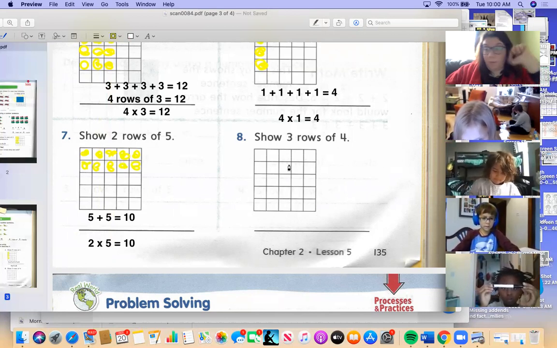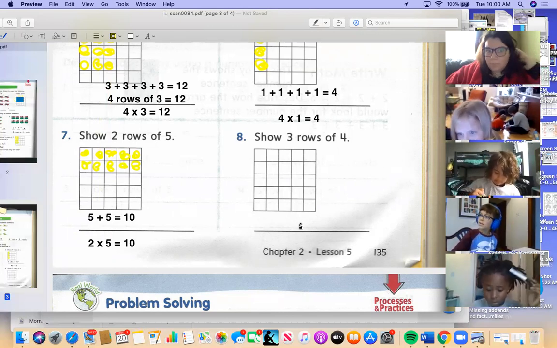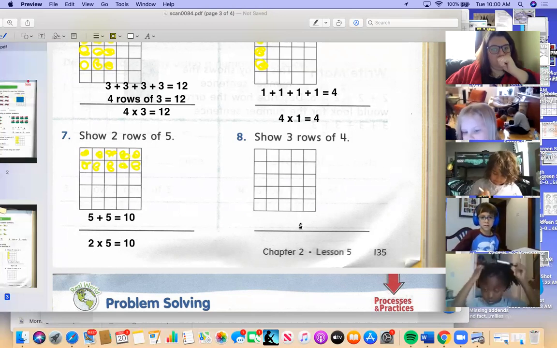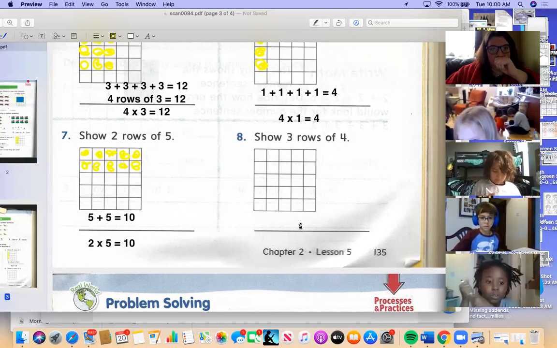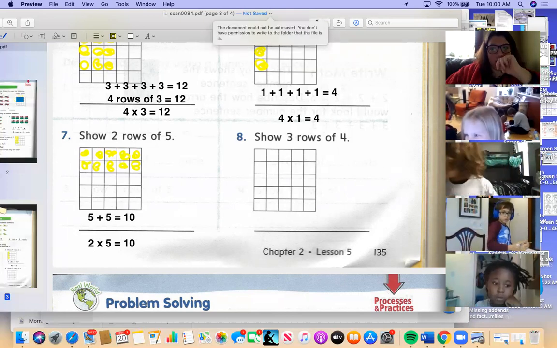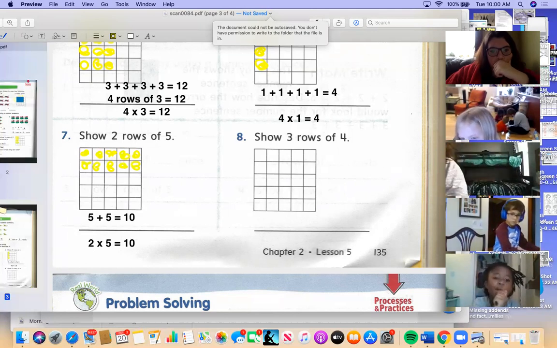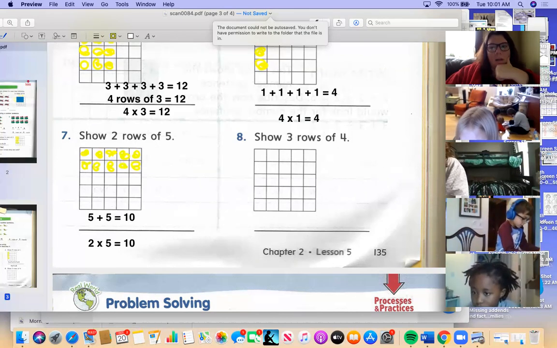Okay, 3 rows of 4 on your paper. Jace, Larry, go. Are you doing it on your whiteboard? Yes, Eliana? Eliana, why do you keep hitting that? What's going on?